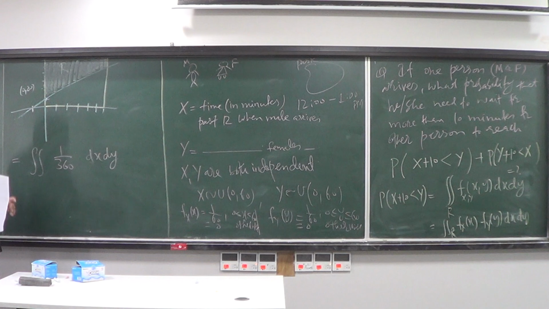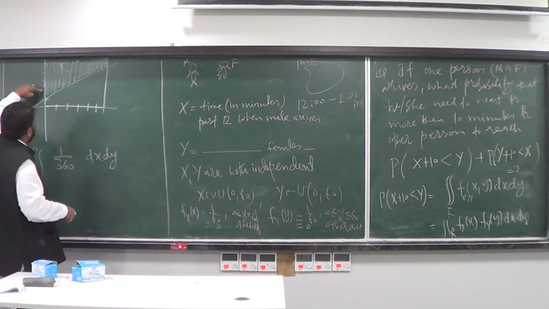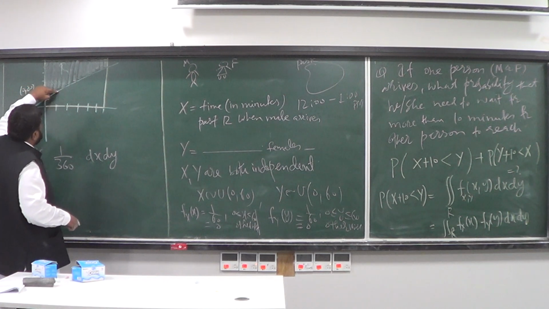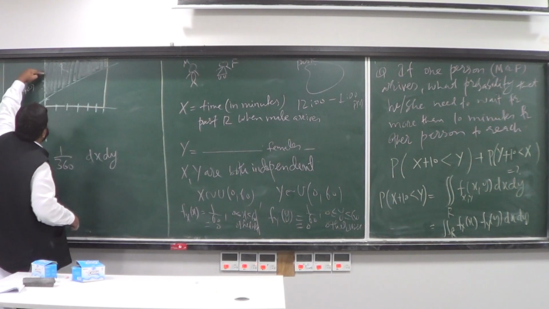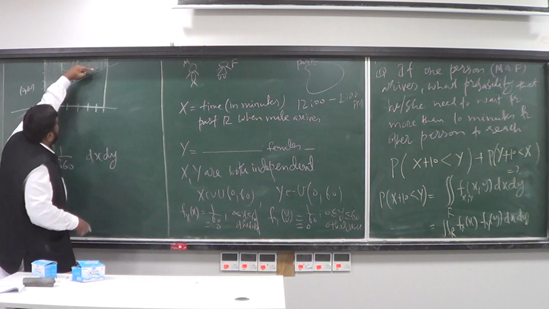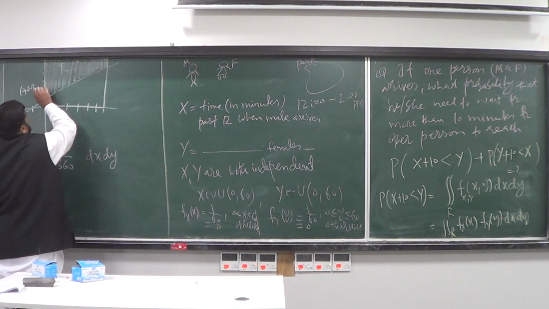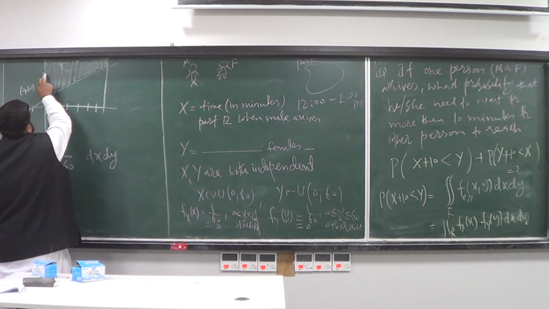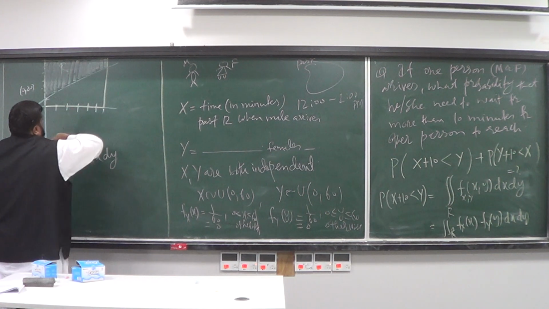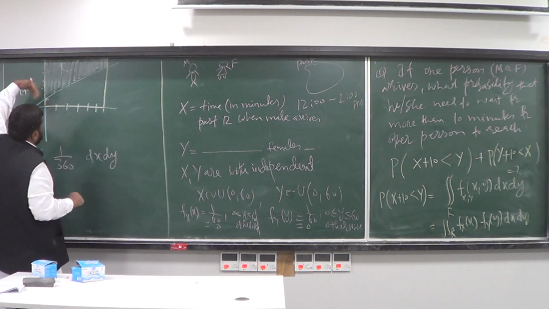Then I need to see where x varies from and to. In this part x varies from 0 to this line, and then x varies from 0 to 60 in this part. So in other words, you need to split it into two parts.